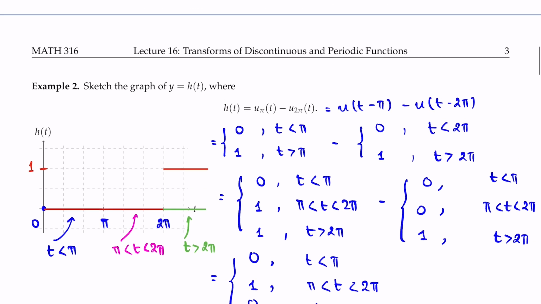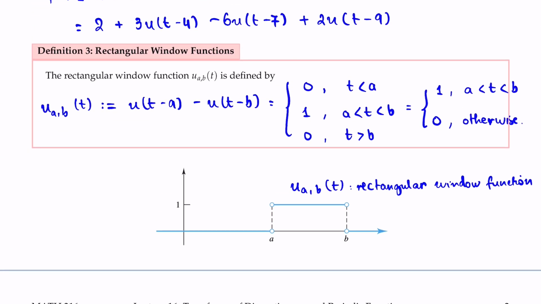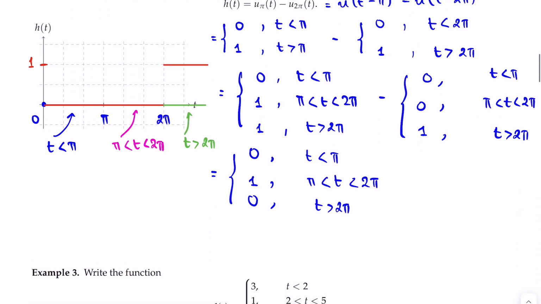This is similar to what we have right here. So I just showed you where the piecewise defined window function is coming from, for a equal to pi and b equal to 2 pi. But instead of writing it like this, you can write it as 1 when t is between pi and 2 pi, and 0 otherwise.